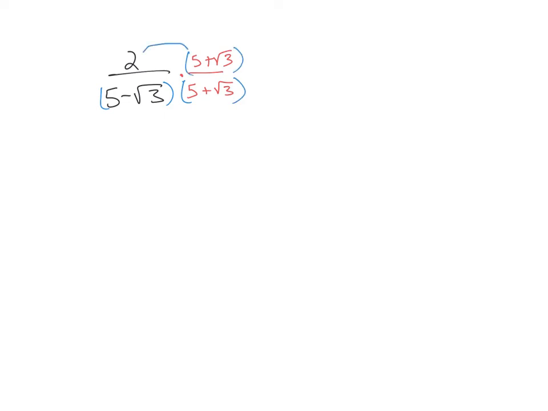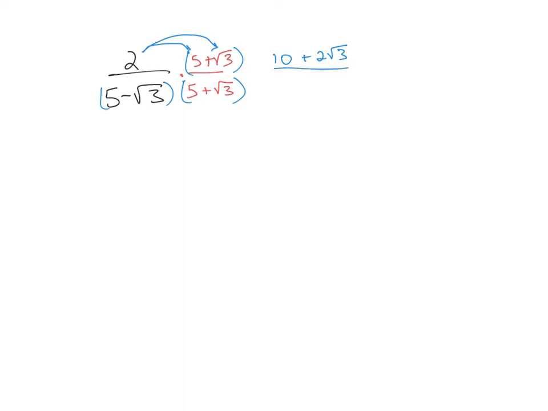So I'm going to do 2 times 5 is 10, and I'm going to do 2 times the square root of 3. Can't do that, so I just write it. 2 square root 3. No, do not put square root of 6. Can't do that. If a number's under the square root and a number's not under the square root, we just put them next to each other.